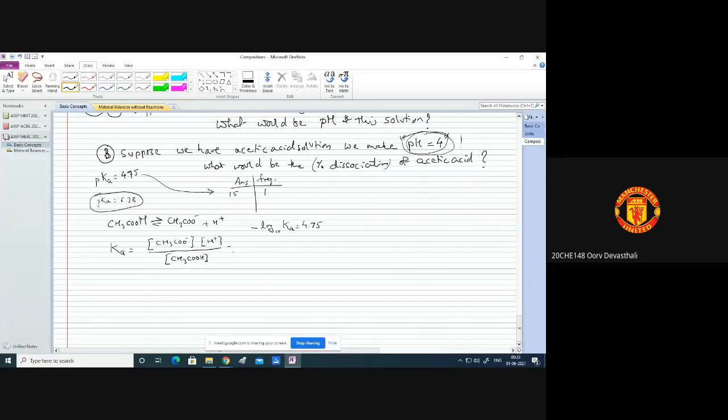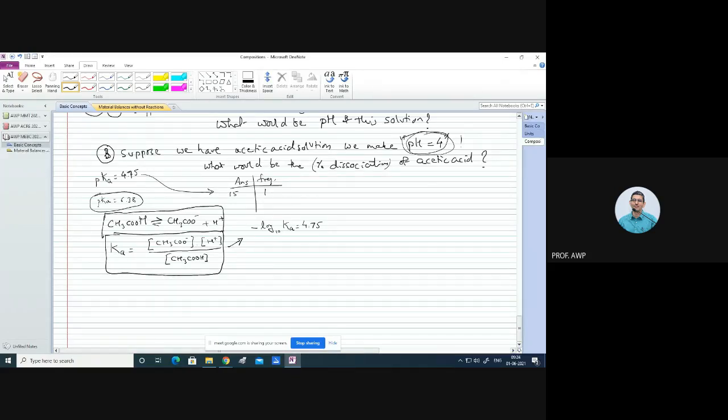If the pH is given in the sum, then H plus concentration is 10 raised to minus 4. Yes, and I'm coming to that. All I'm saying just now is Ka is the equilibrium constant for this reaction.